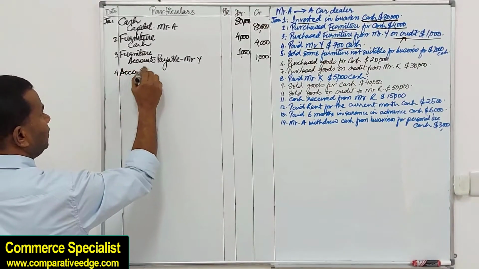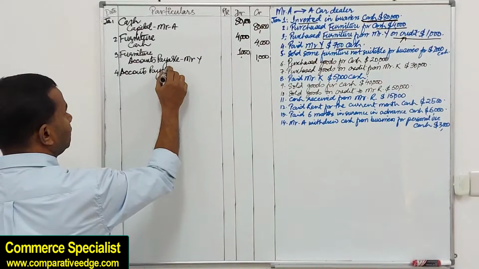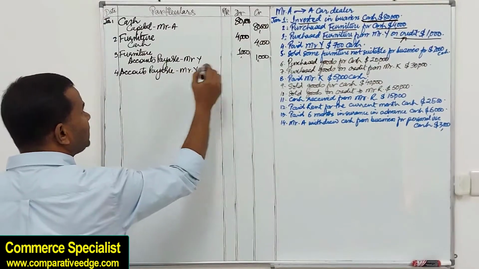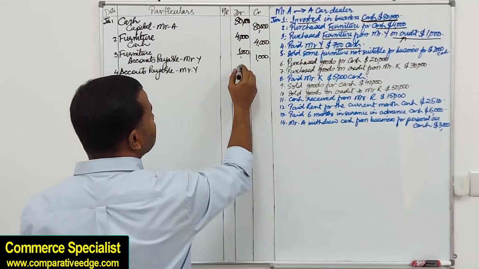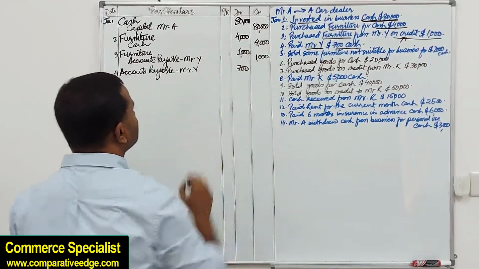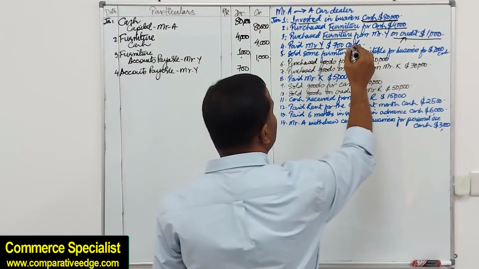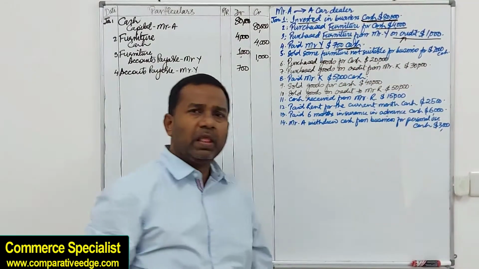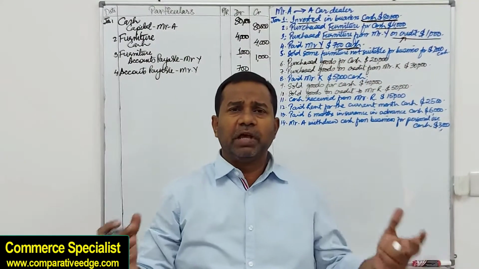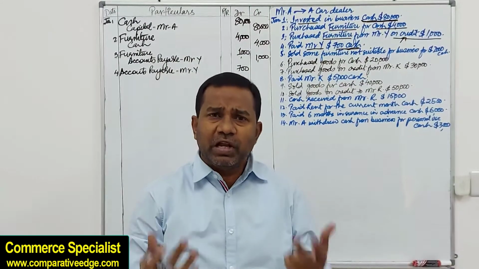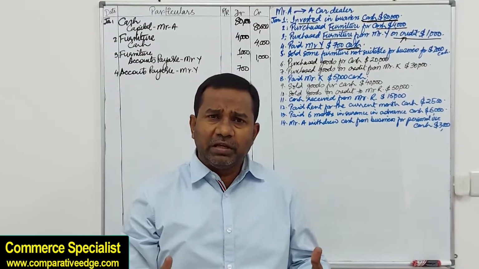Accounts payable Mr. Y. This time I'm debiting because I'm paying 700. So decrease in liability is debit. And then what is the other effect? I'm paying cash. Cash is leaving the firm. Cash is going out of the business. Cash is an asset. The value is decreasing.